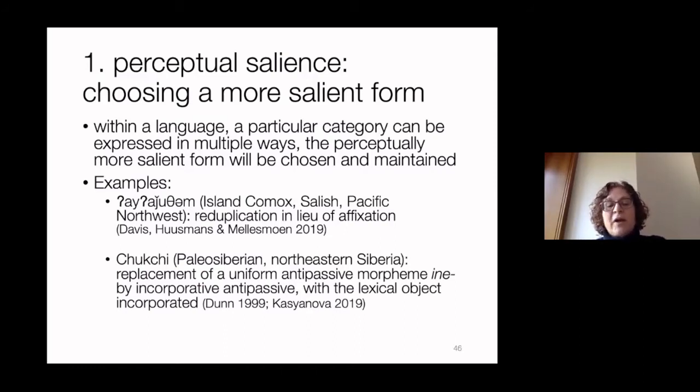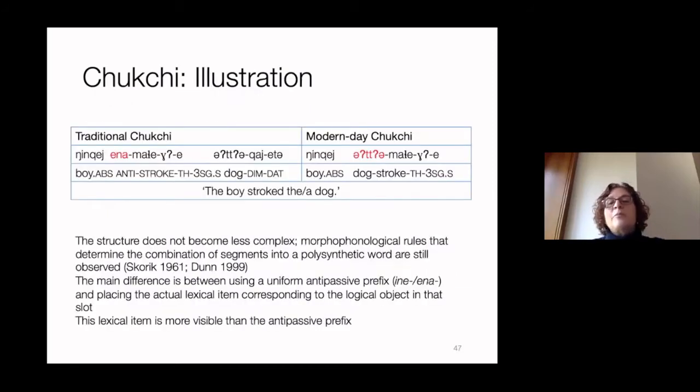This is where the lexical object gets incorporated. Let me give you an example so you can see what happens. On the left, you see traditional Chukchi, the boy stroked the dog. You have the prefix ana on the verb, and the dog is in the dative case, so it's not in the absolutive case as it should be if it were a direct object.